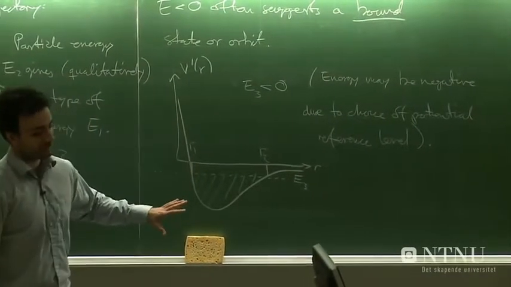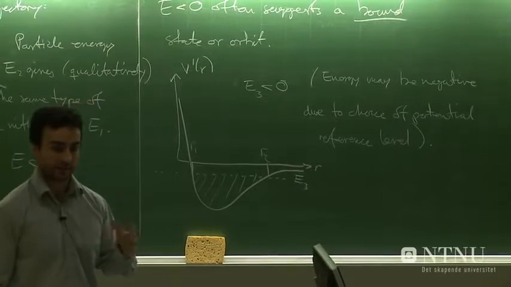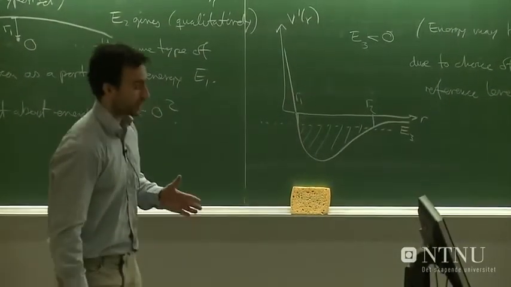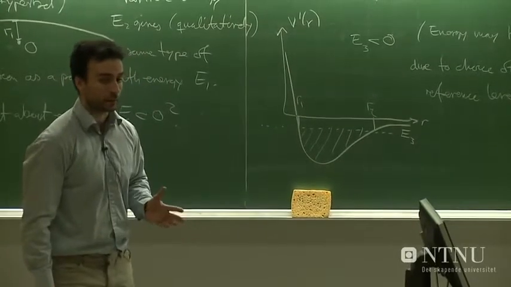So the particle has to be located at a radius between R1 and R2. But this does not necessarily mean that the orbit has to be elliptical.